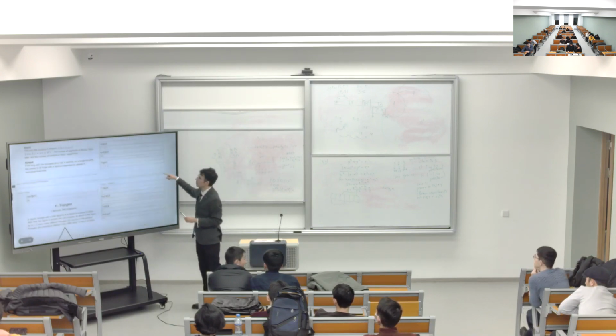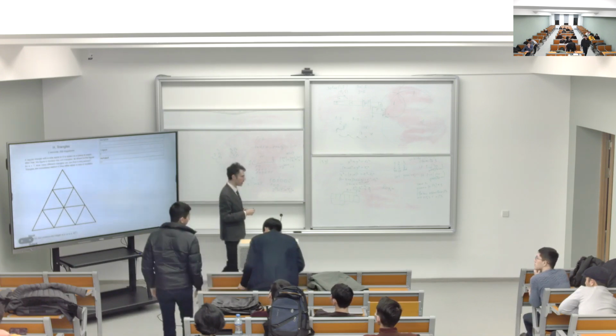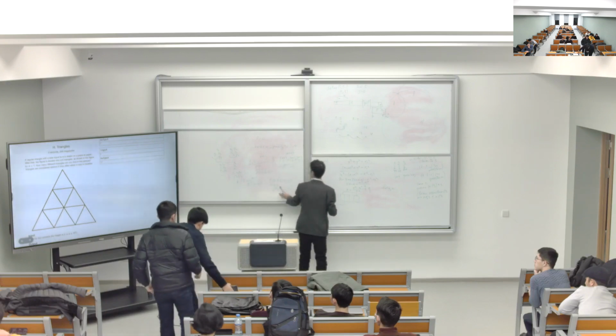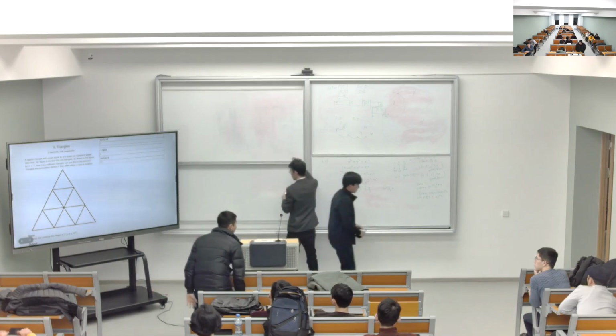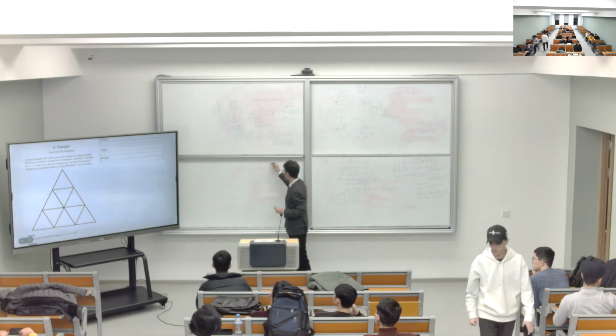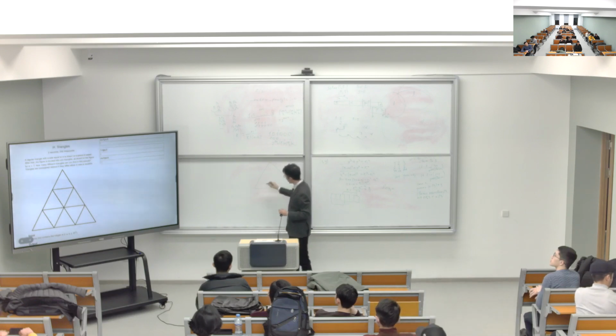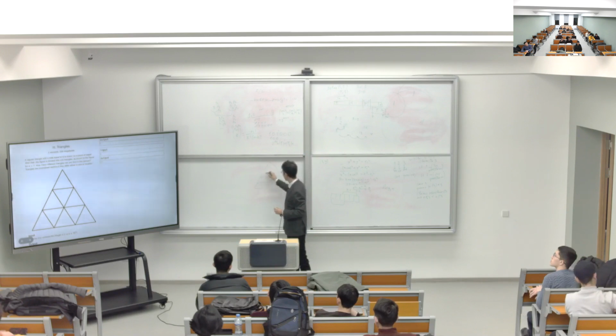Next, triangles. Oh, beautiful task. And the last task for today. So let's take a look at triangles with more levels. So let's say that we divide it by 1, 2, 3, 4, 5.